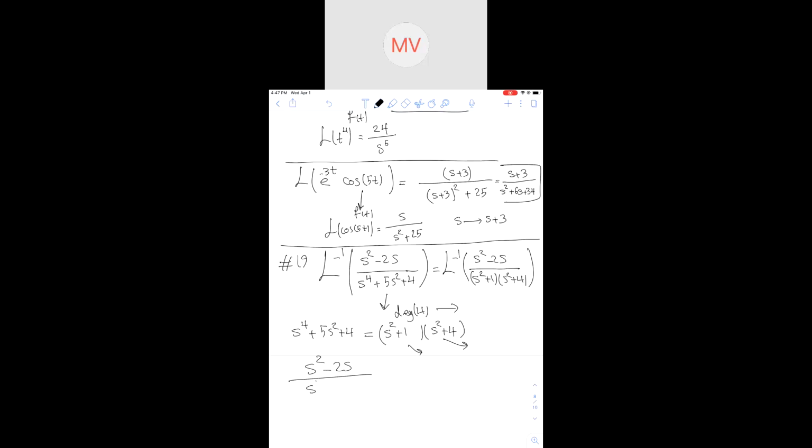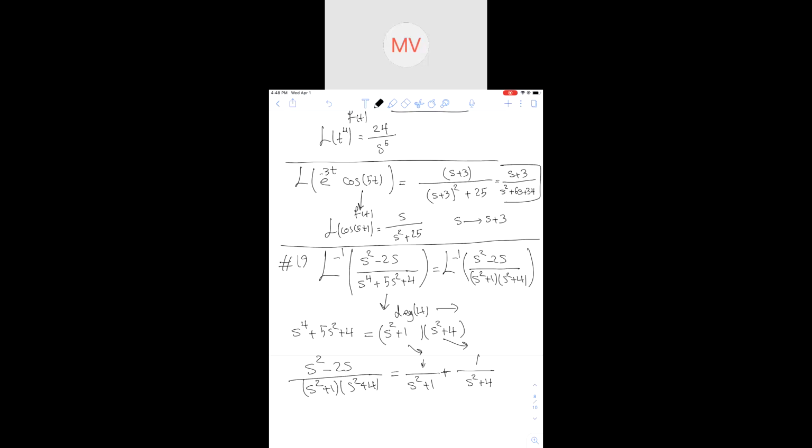Now we have a rational function like that. I'm going to ask you, how many fractions can this rational function be decomposed into? Exactly, that's 2. The denominator of the first one is s squared plus 1.